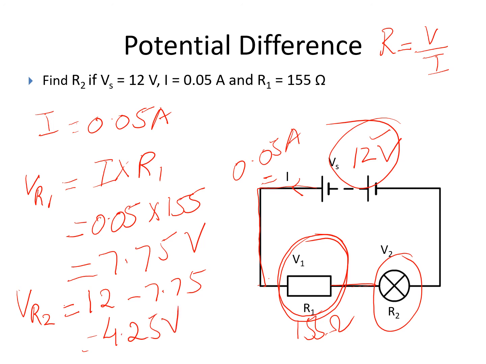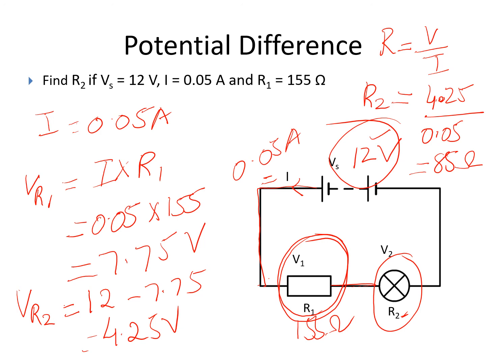We have to find R2, isn't it? R2 is the voltage across R2, which is 4.25, divided by the current that is flowing through R2, which is 0.05. So 4.25 divided by 0.05. So the resistance is 85 ohms.